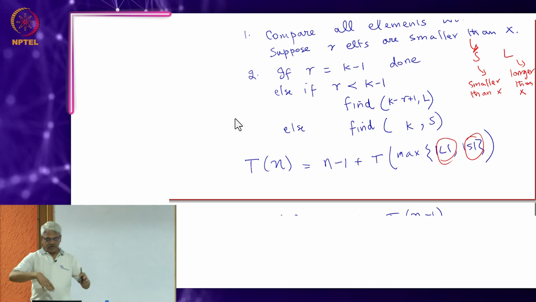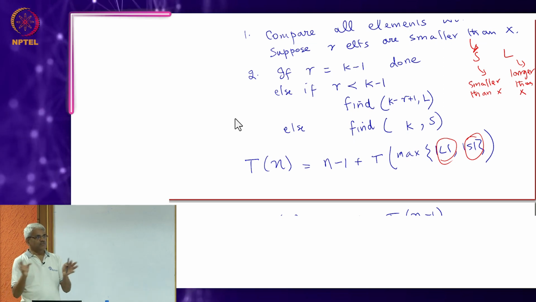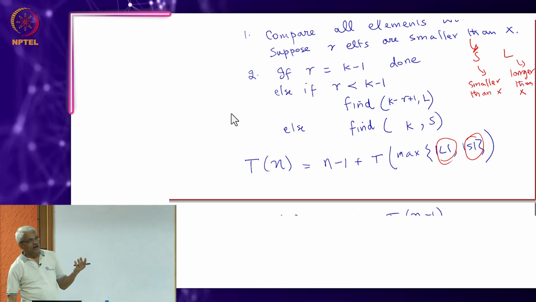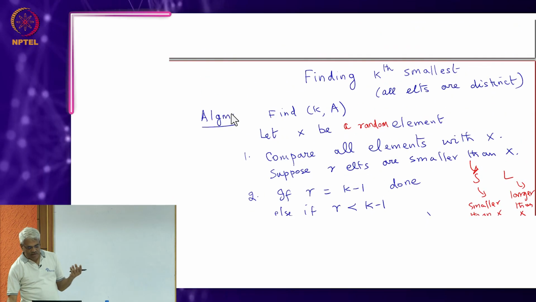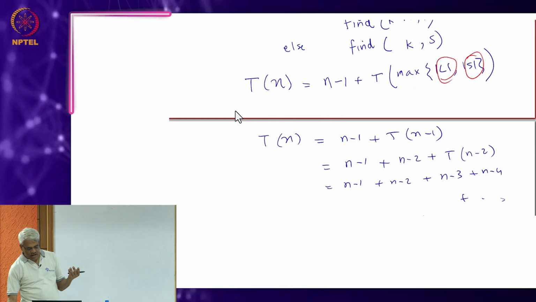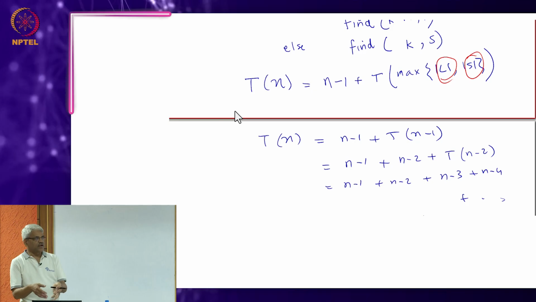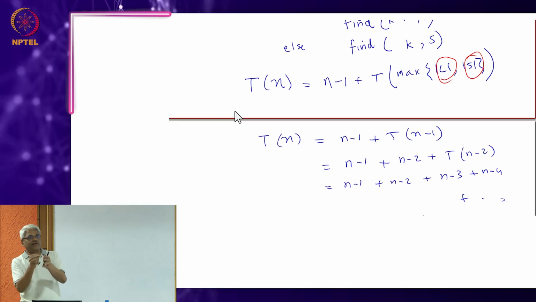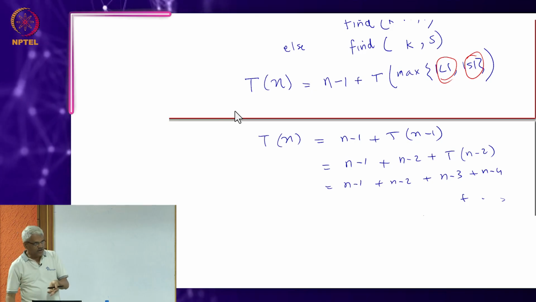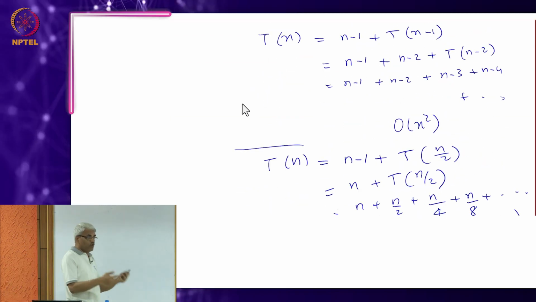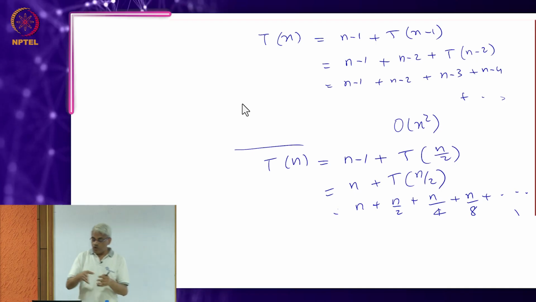So far the way I described, there was no randomness, there was no random experiment, and I just simply did some examples of what if this x happens to be the smallest element, then what will be the running time? If x happens to be the middle element, what is the running time? That's what we did, right? Now I have randomized this step. So now I know, now I can do the average.